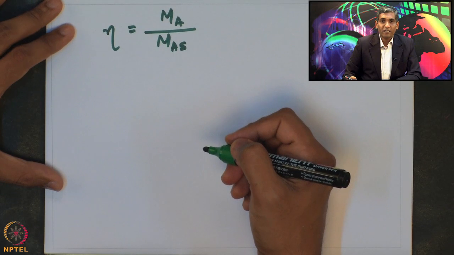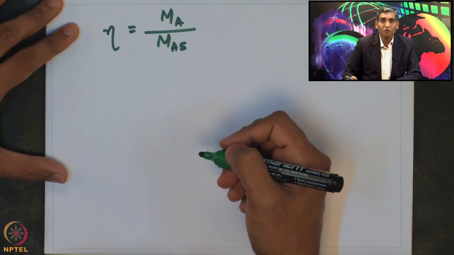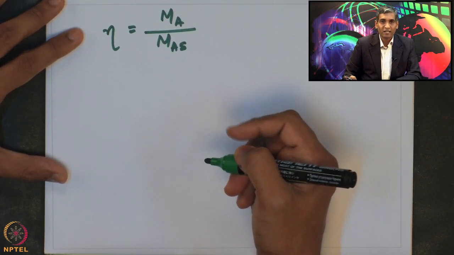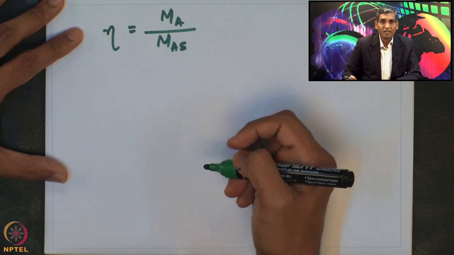So, how do we find these two quantities? How do we find the moles of the species that is actually reacting, and how do we find the moles of the species that is reacting if the entire catalyst is actually at the surface concentration and surface temperature? So, let us start with MAS.